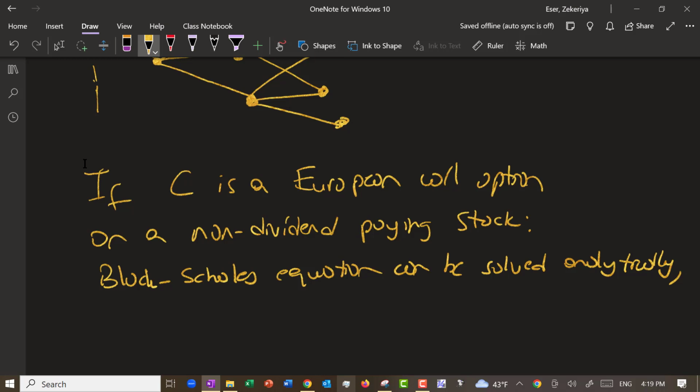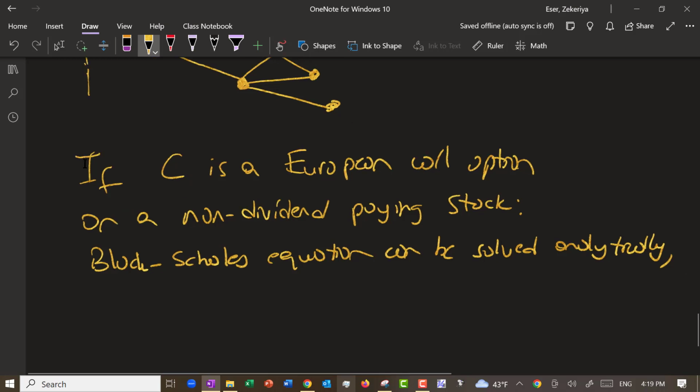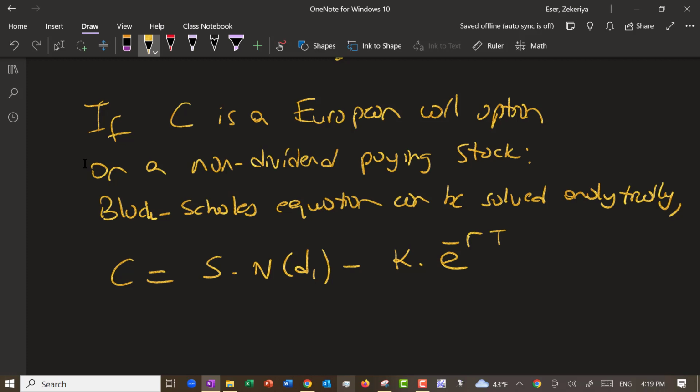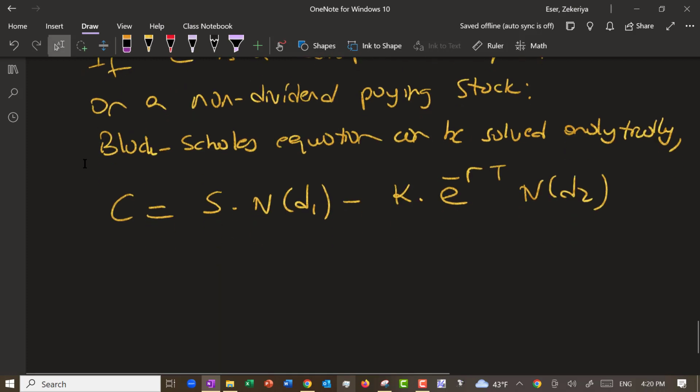That doesn't mean I can do it, but somebody pretty smart named Einstein has already done it, where C is S times N of D1 minus K times... and we're going to write down what these are.